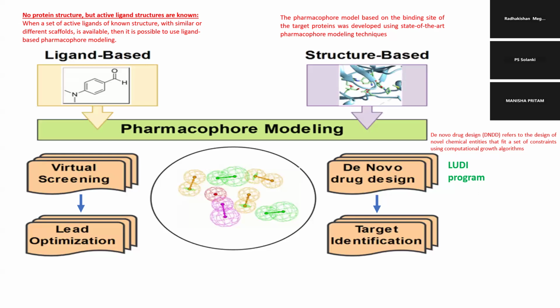Similarly, if we have some novel proteins whose structures we don't know, where no 3D structure or co-crystal structures are reported in the PDB, Protein Data Bank, then we can go for ligand-based identification. But if we have a co-crystal structure of a protein in the PDB database, then we can go for structure-based pharmacophore modeling. In both cases, you can design pharmacophore models, you can use AI or machine learning, and you can get some good molecules. So this is just the introduction part. We will discuss more.